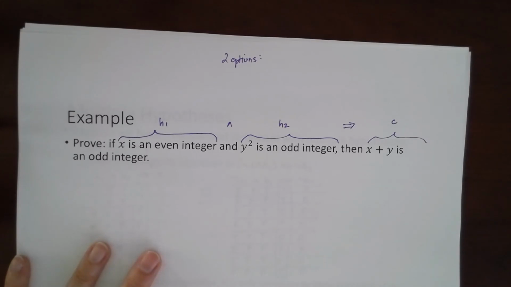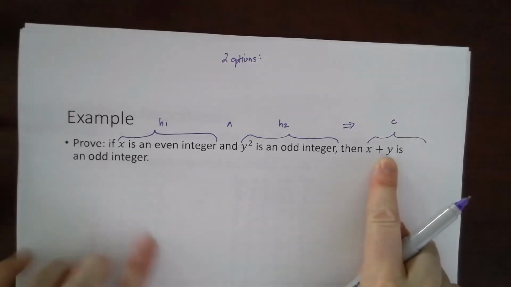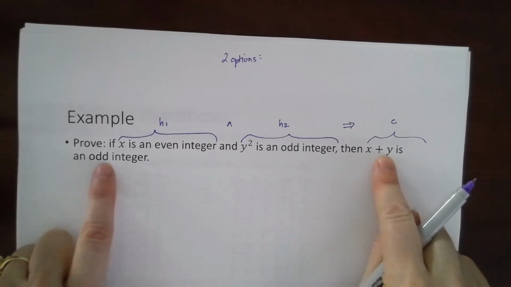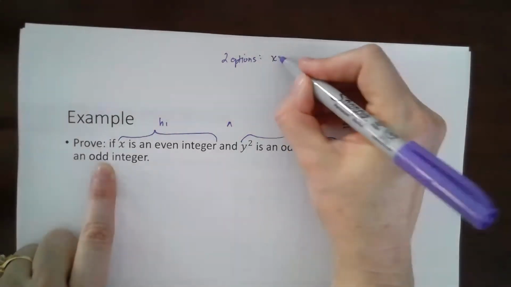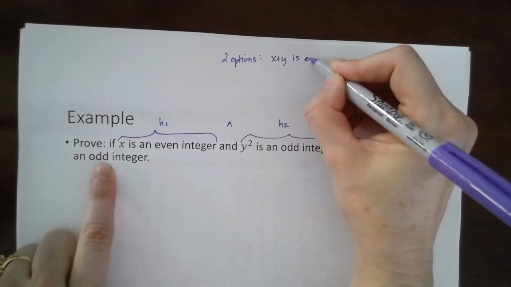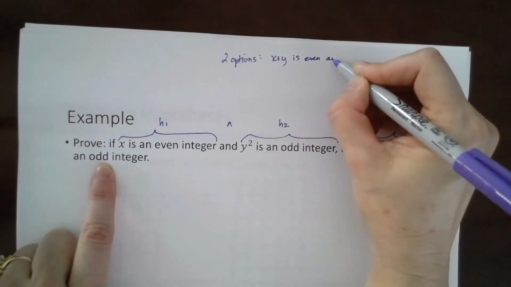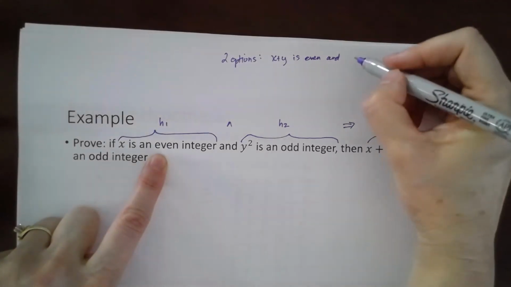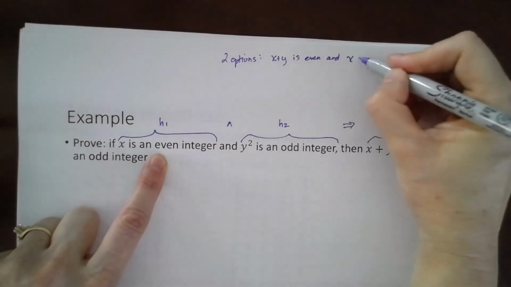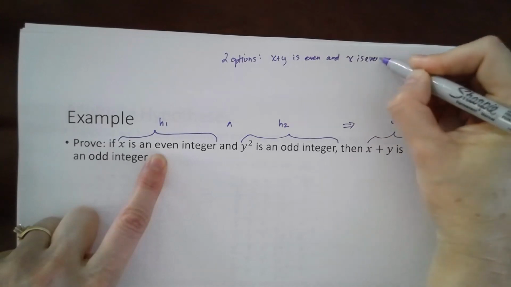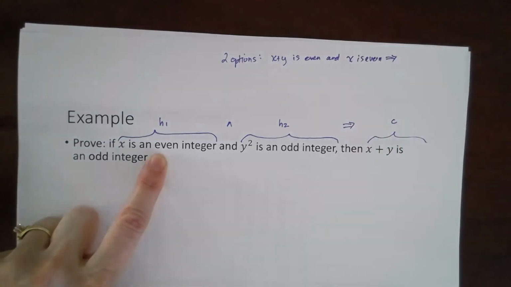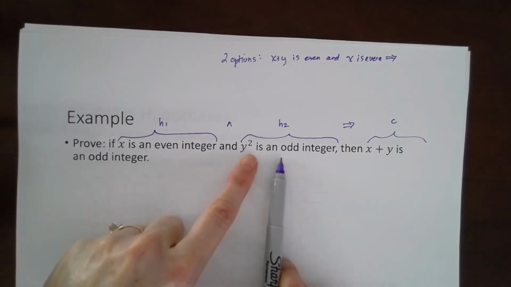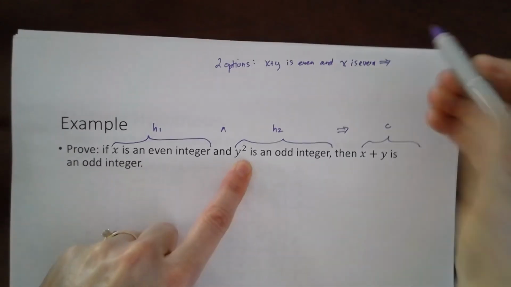Okay, so we can start with not C, so x plus y is even, and keep the first hypothesis, so x is even, and then imply not the second hypothesis, so that would be y squared is even.